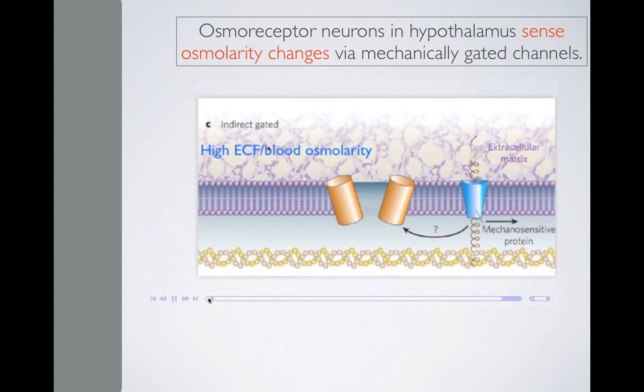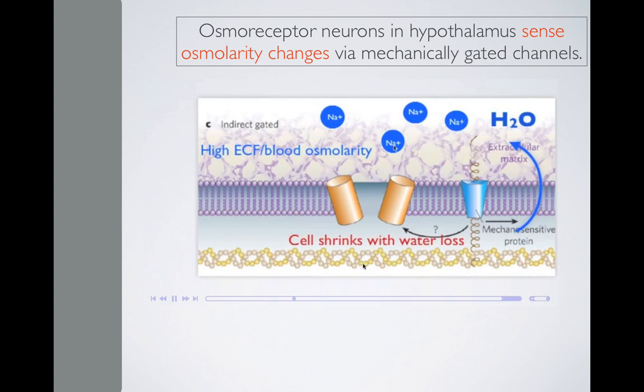Let's try that one more time. High osmolarity in the blood. This is the osmoreceptor, the inside of the cell. Osmolarity is high out here, water is going to leave, and the cell is going to shrink as a result of that water loss, which is what we already know should happen. The cell shrinks. This starred protein is going to change shape as the cell deforms.